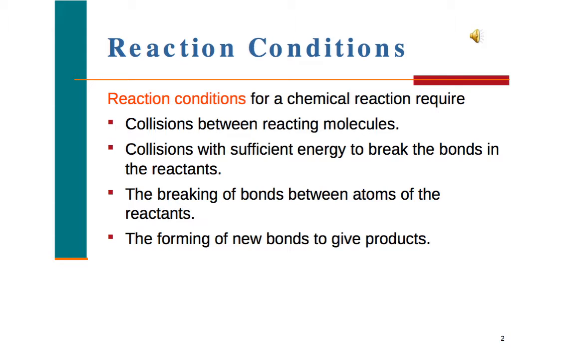All chemical reactions involve a change in energy. Chemical bonds are a form of potential energy, remember. So to break them requires energy, and when a chemical bond forms, it releases energy. Not only that, but in order for a chemical reaction to occur, the molecules have to collide. They have to meet, they have to come into contact.